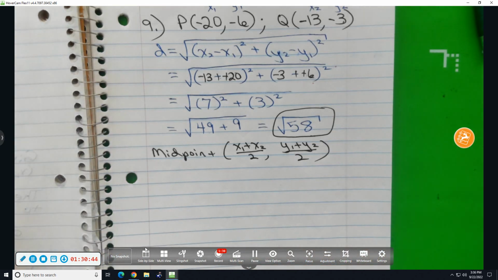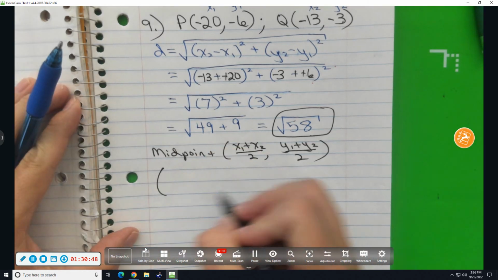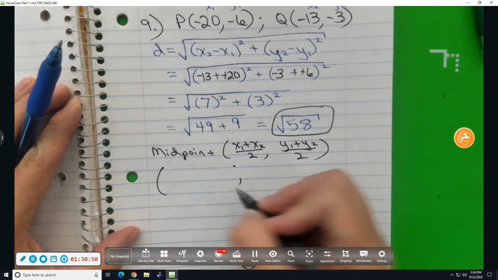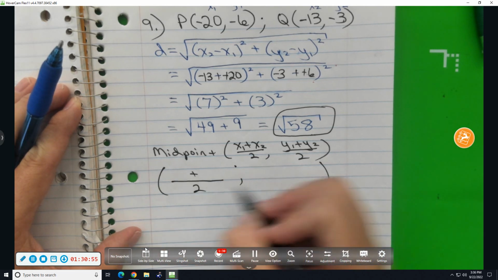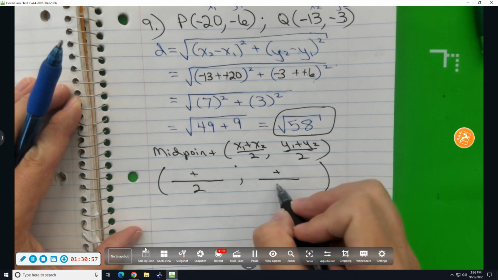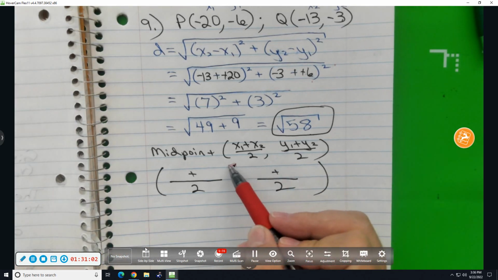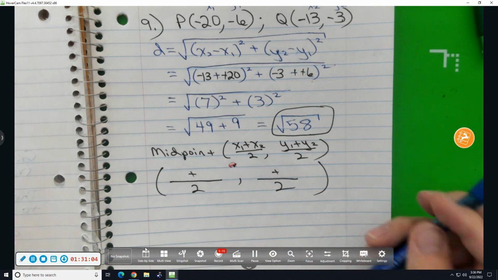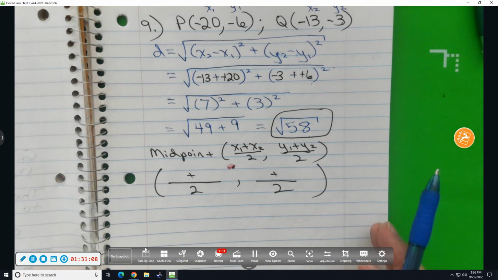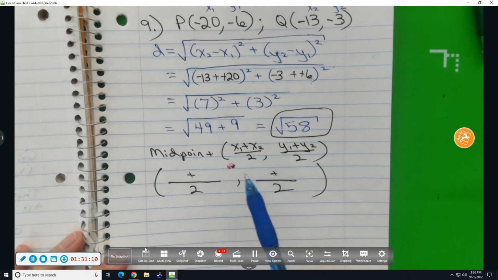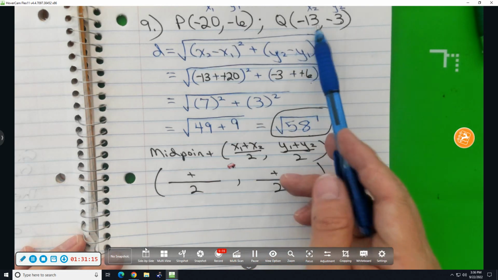So the first one is negative 20 plus negative 13, or just negative 20 minus 13, which will equal negative 33 over 2. Okay, so we're adding the x coordinates. I agree.